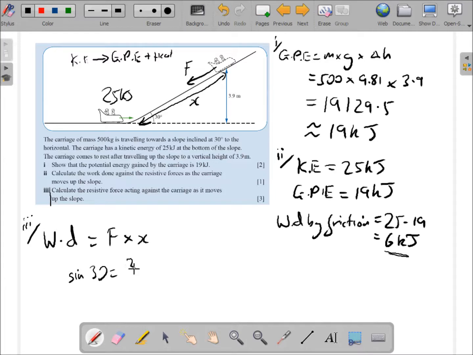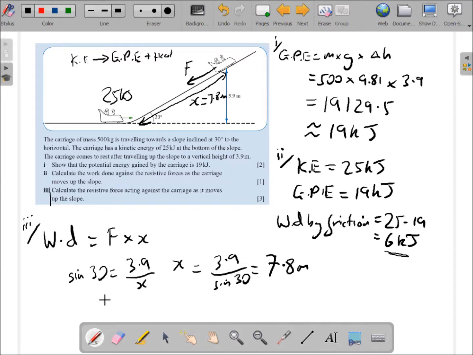So the opposite is 3.9. The hypotenuse is our distance x. So rearranging this for x, we end up with x is equal to 3.9 divided by sine of 30. Now because sine of 30 is 0.5, that gives us 7.8 meters. So our x here is 7.8 meters.